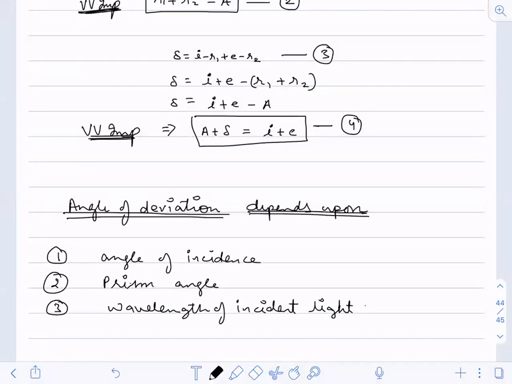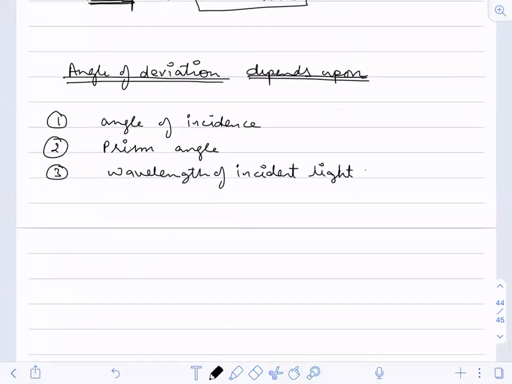Now we are going to start the dispersion. So anybody who is having any idea of what dispersion is?